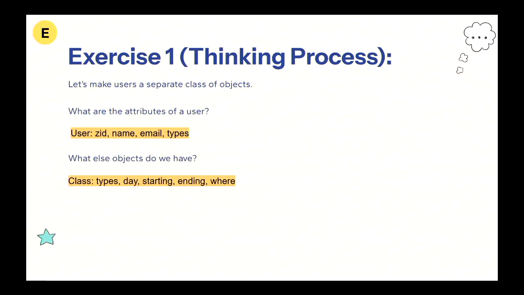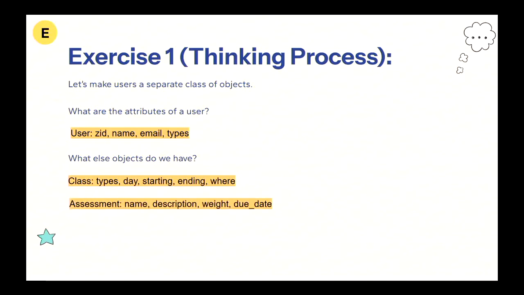The class should have a day, like today is 12th February. It should also have a starting time and ending time, and an attribute for the location of the class. So this is the first extra object we have.